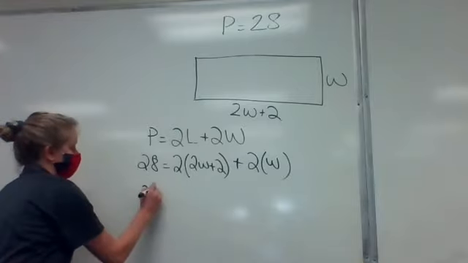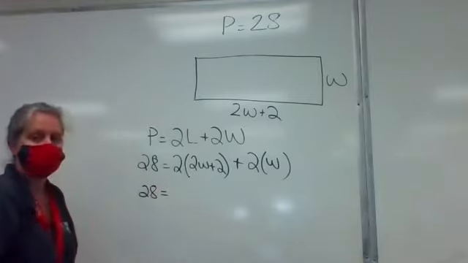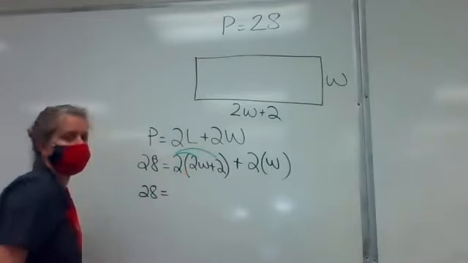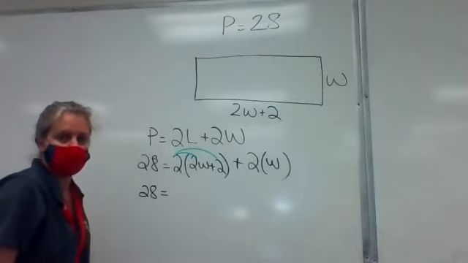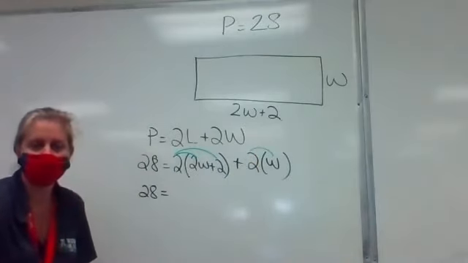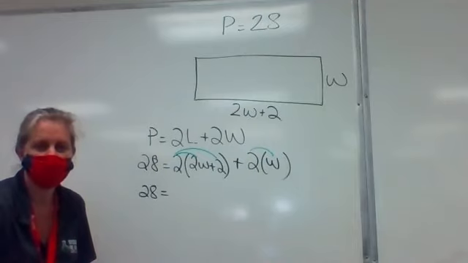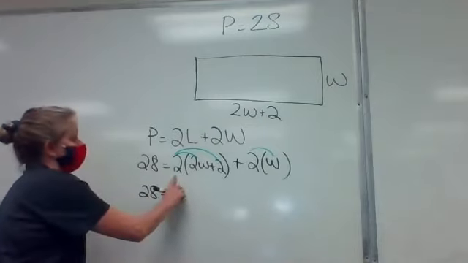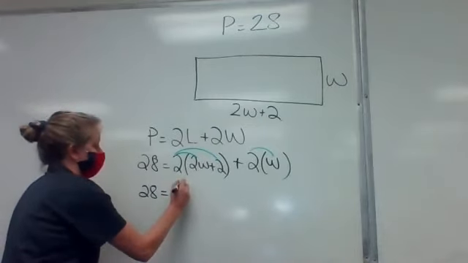So I can't do anything with 28. But I can remove these parentheses, right? I'll distribute this 2 here to get rid of those. Then I'll multiply what's inside there times that 2. So let's see what I got. When I remove these parentheses, 2 times 2W gives me 4W.